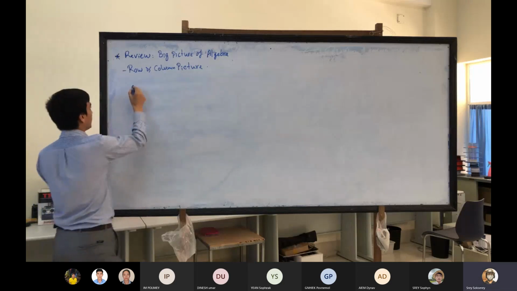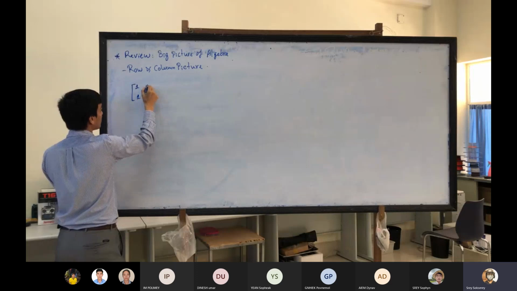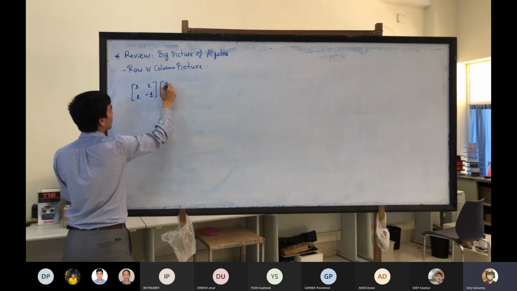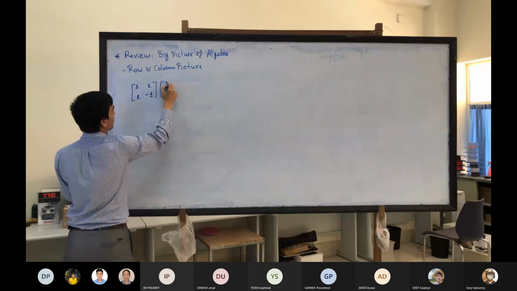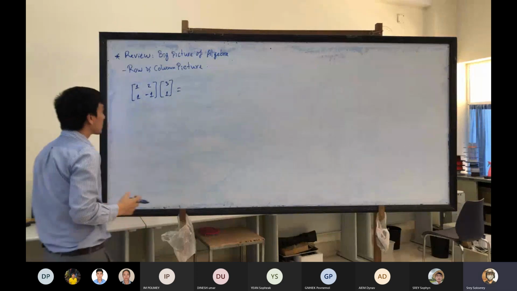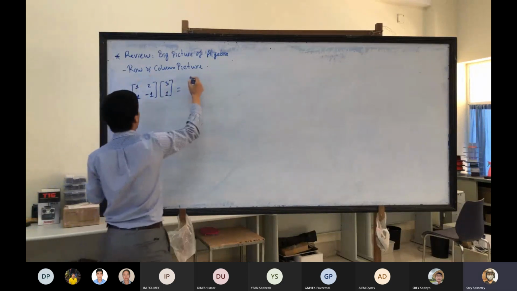What you have learned before is that, for example, you have one matrix like this, multiplied by a vector, like this. Then you do the multiplication in the algebraic way.